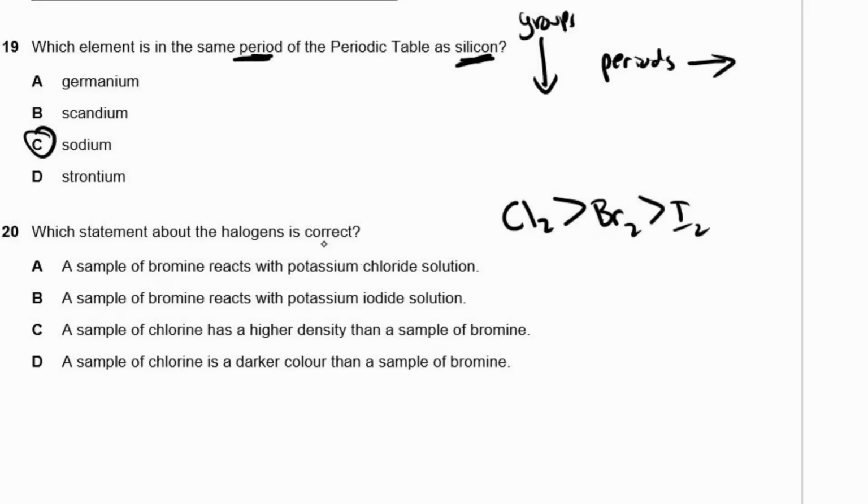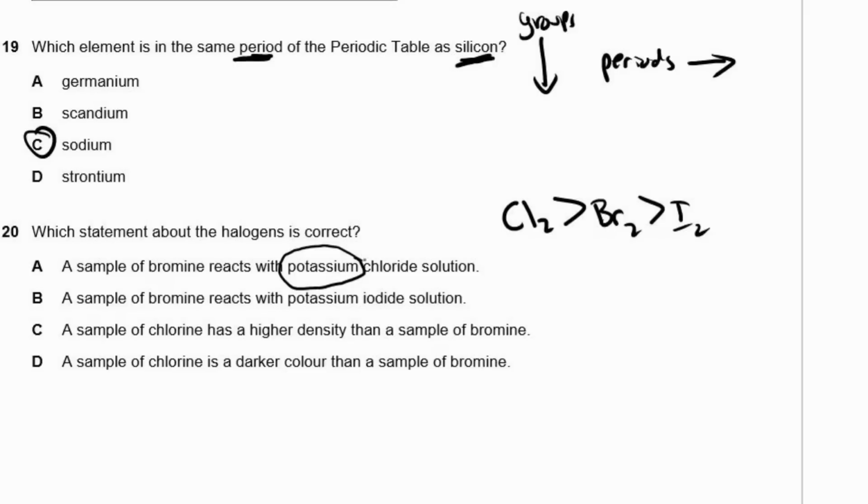When it says that bromine reacts with potassium chloride solution, that would mean that bromine would have to be more reactive than the chloride, because the one that's the most reactive is the one that will end up in the salt. Basically, it would kick the other one out, so it will be paired up with the other half of the salt.